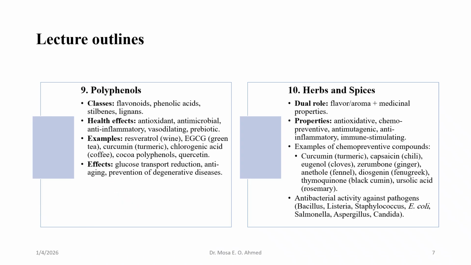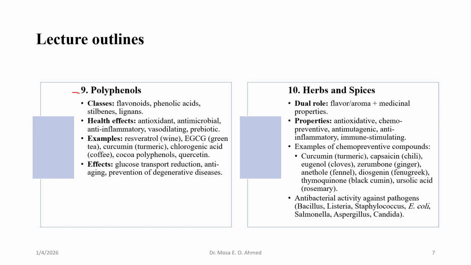Outline number 9, subtitle polyphenol. Again, it is a class of nutraceuticals, and polyphenols include some chemical classes such as flavonoids, phenolic acids, terpenes, and lignans.